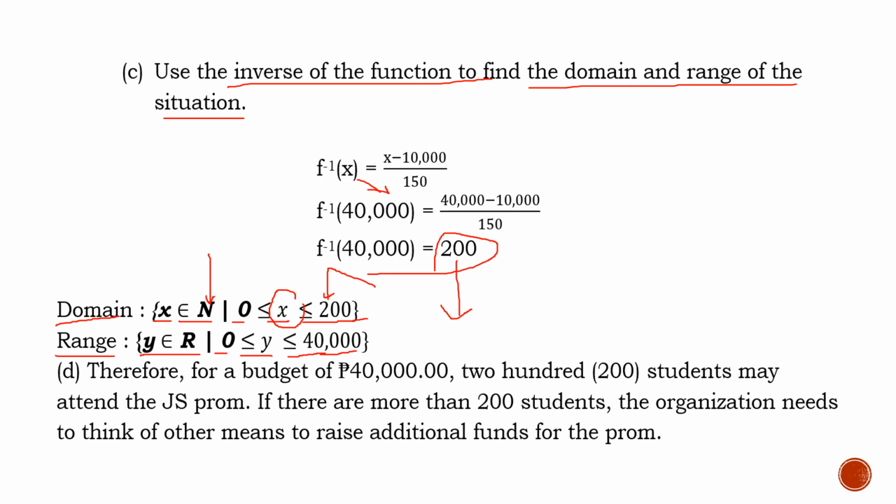So we cannot exceed this 40,000. That's why the value of your y starts from 0 to 40,000, or in between 0 and 40,000. You cannot go beyond 0 and 40,000.